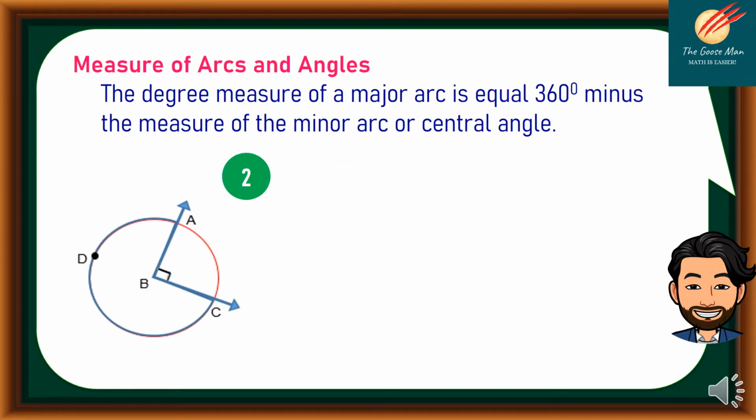Okay, so let's move on to the measures of arcs and angles. This time, the degree measure of a major arc is equal to 360 degrees minus the measure of the minor arc or central angle. Let's consider the illustration on the left side. The measure of arc ACD is equal to 360 degrees minus the measure of angle ABC.